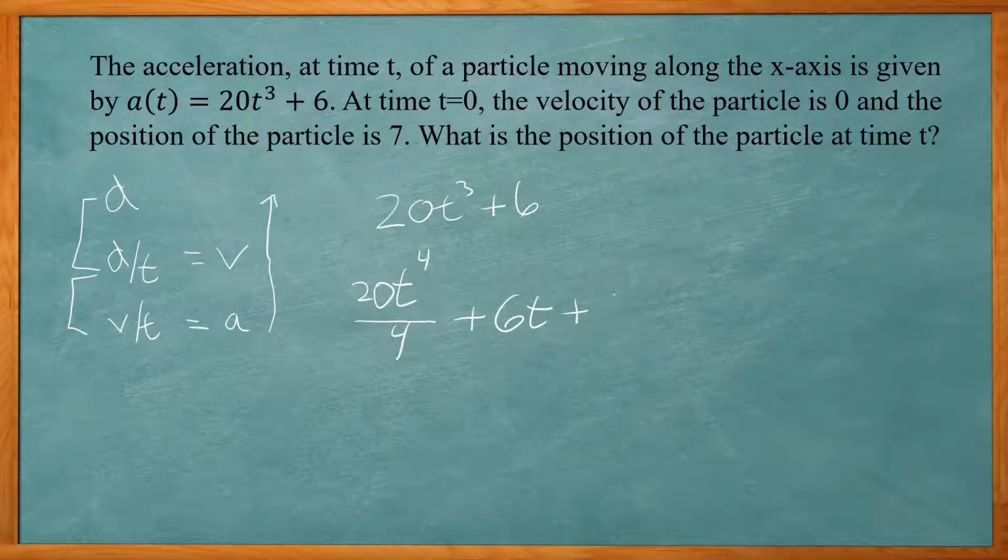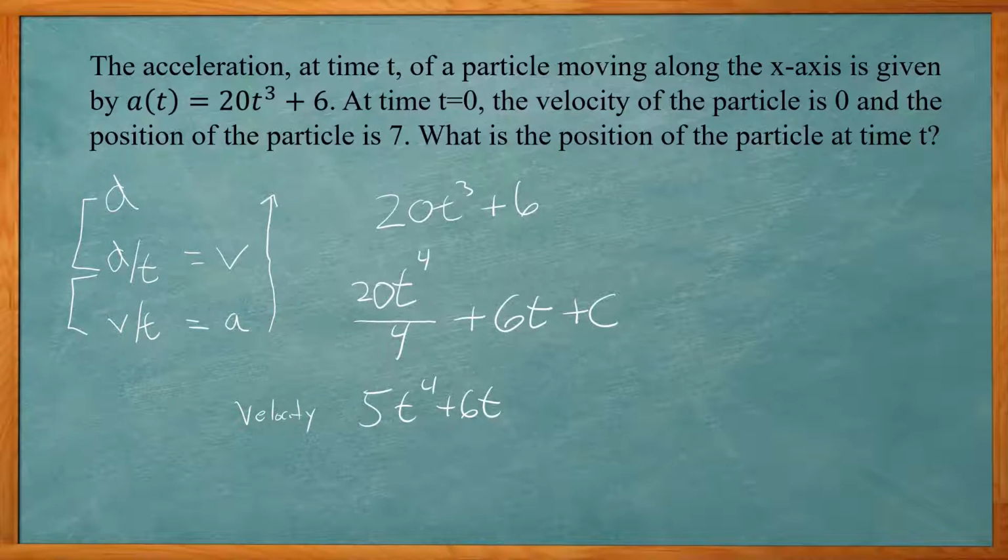And we have our constant value. And they tell us at time equals 0, the velocity is 0. So our c will be 0. So 20 divided by 4 is 5, so 5 t to the 4th plus 6t. So we integrated the acceleration, so this is going to be our velocity.